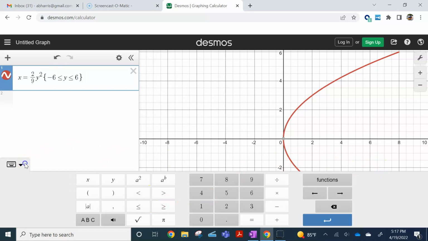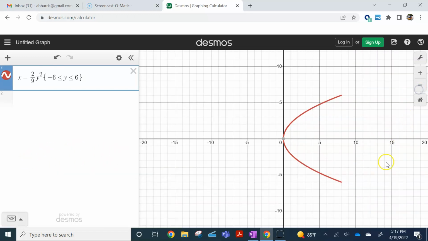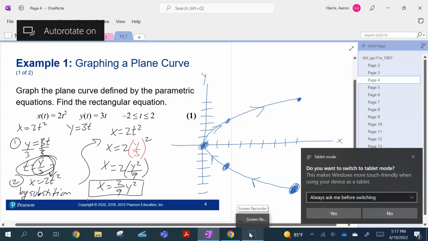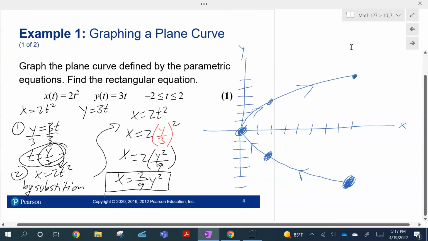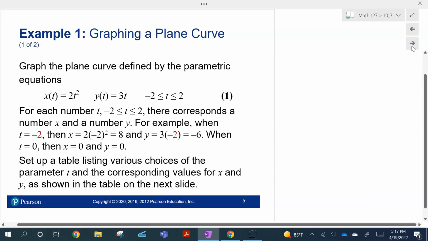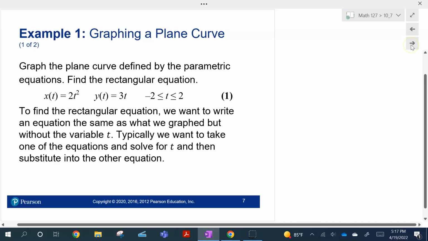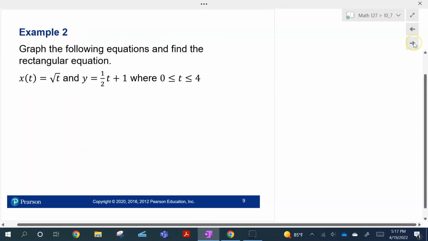Let me zoom out. You can see, there it is. It just doesn't have the arrows indicating the direction, but I did restrict that for you. That's just a nicer look at that.